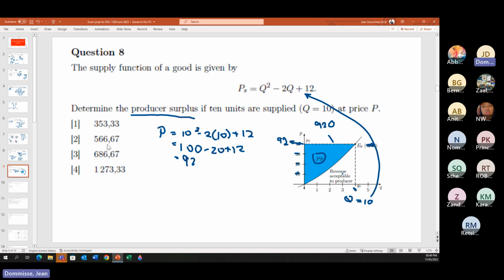But what would we do now to calculate that space, or to calculate the area that, and probably this area, and subtract it from the 920 to get the total area?